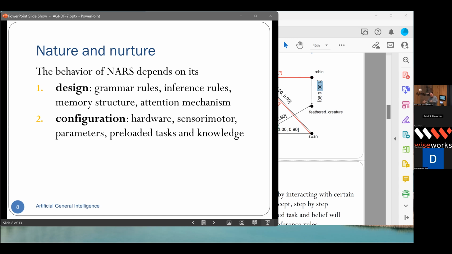For example, main memory, and each of the buffers has a special memory in it. All of them influence the performance of the system, even though the total is the same. So for example, if you give the vision channel a larger buffer and the audio channel a relatively smaller buffer, the system's visual ability will be stronger compared to the audio ability, compared to the other way around, a relatively small vision buffer and a larger audio buffer.